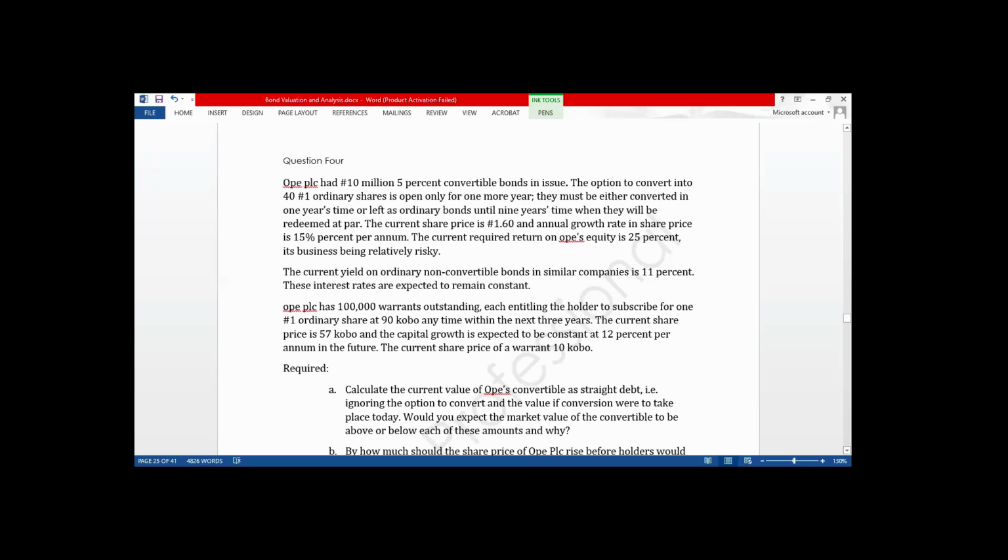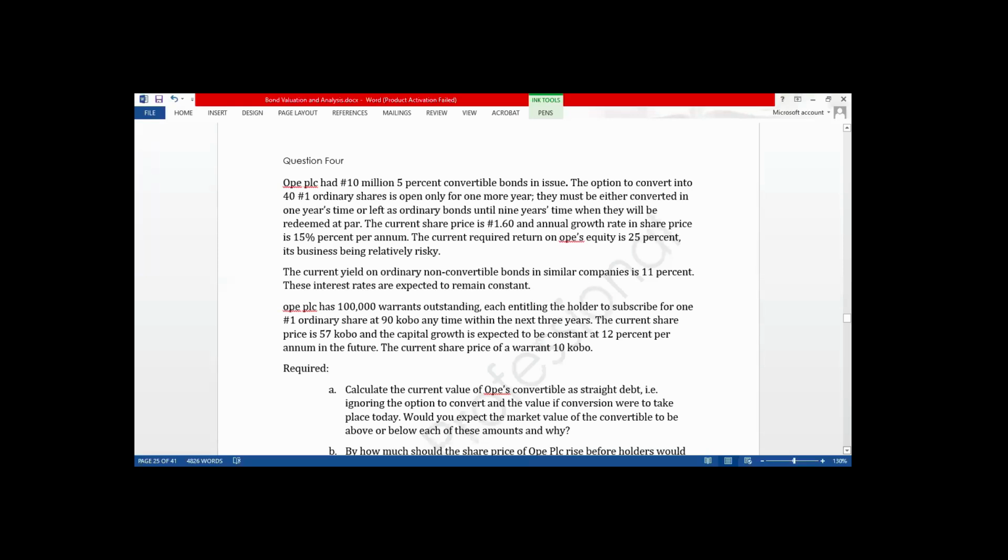The current share price is 57 kobo. The capital growth is expected to be constant at 12% per annum in the future. And the current price of a warrant is 10 kobo.